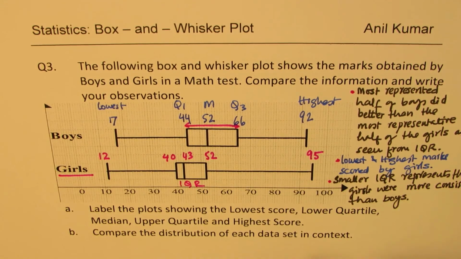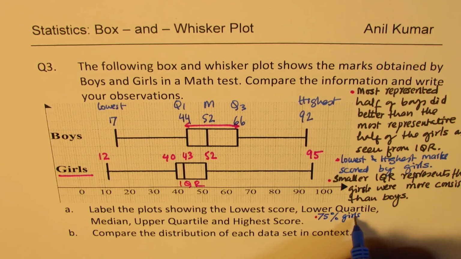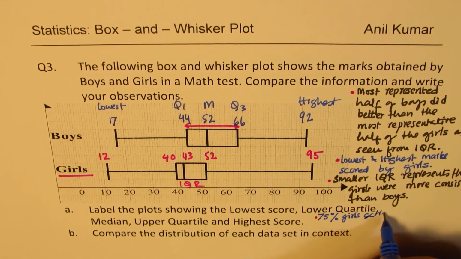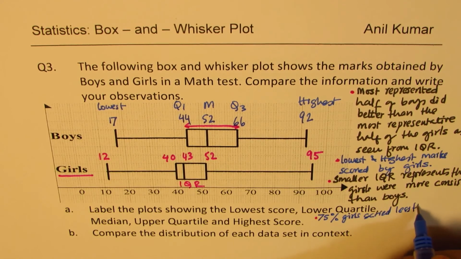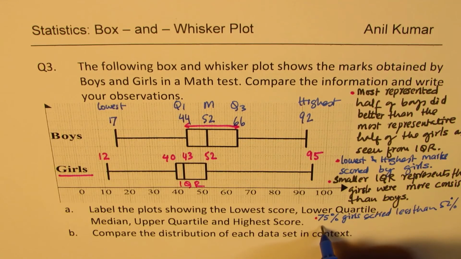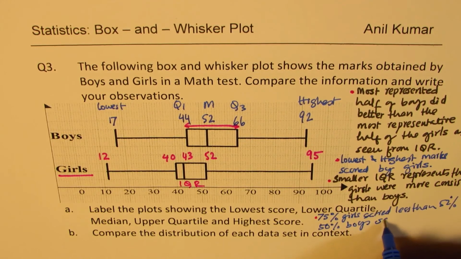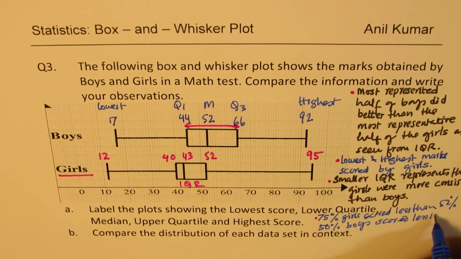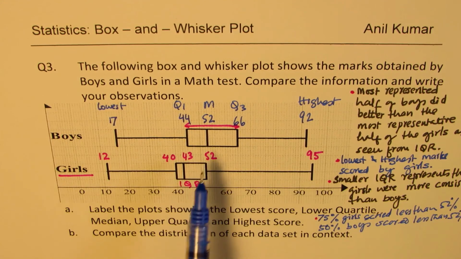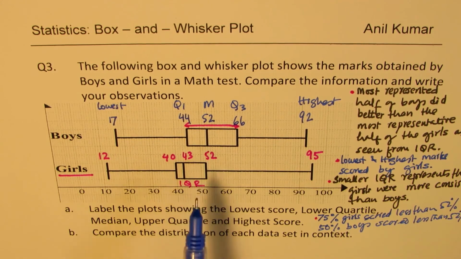So from here you could say that 75% of girls scored less than 52%, and 50% of boys scored less than 52%, right? So that's a huge difference. So that marks 50% of the boys, right? So 50% of the boys scored less than 52%.